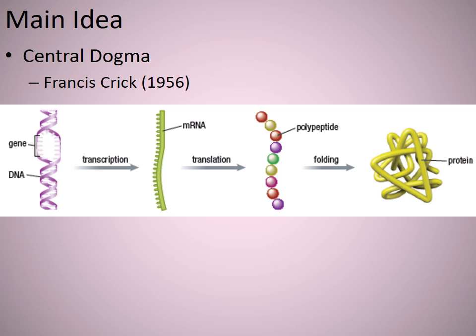The central dogma. Francis Crick, a scientist back in the 1950s, determined the central dogma for how proteins are synthesized in the cell. It all starts with genes that are located on our DNA. Our cells will transcribe information from genes to messenger RNA. That RNA will then become translated into a polypeptide.